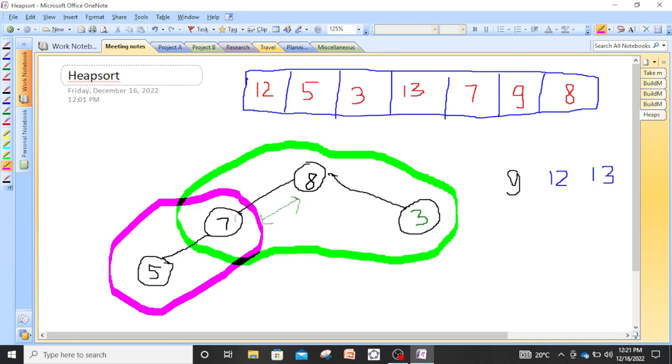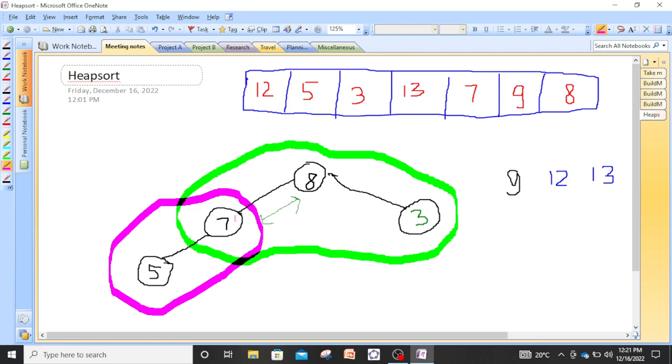In the pink enclosure you see the node 7 with its child 5, and the parent is the largest.